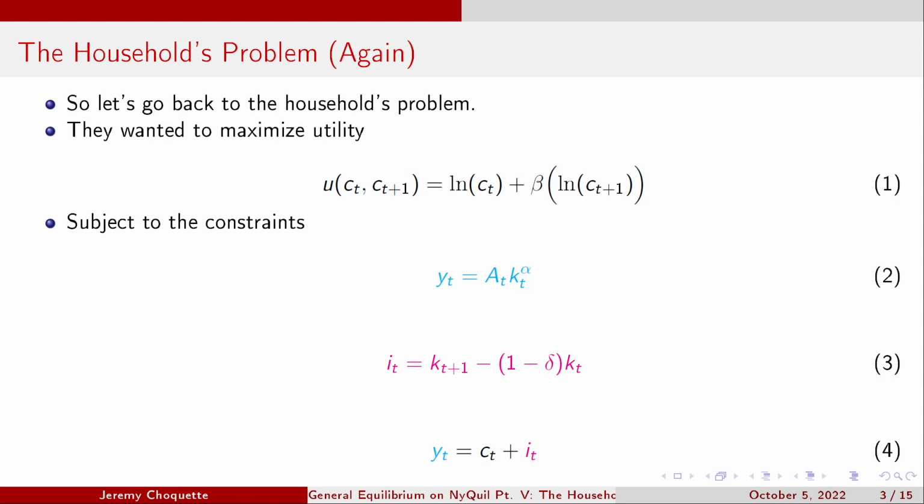So equation 4 is what's known as a resource constraint because it says that the use of outputs has to be equal to the source of the outputs. The left-hand side is the source of outputs, like the source of funds, and the right-hand side is the use of funds.